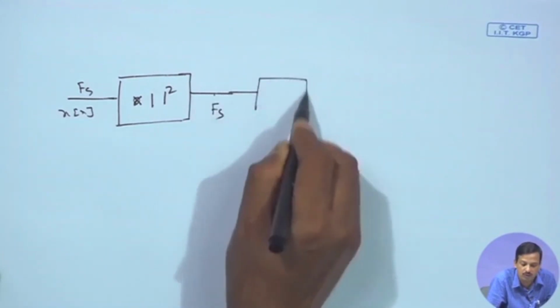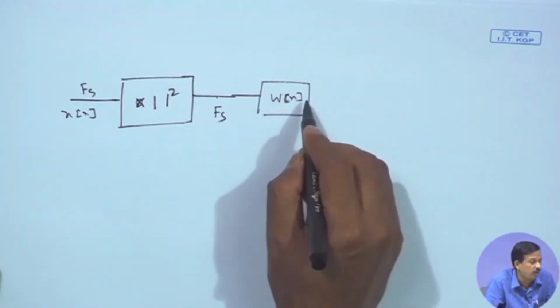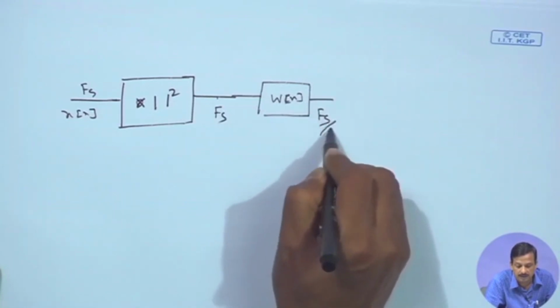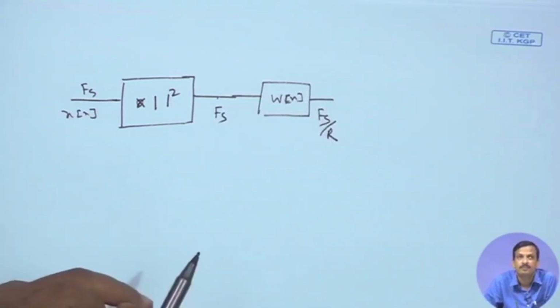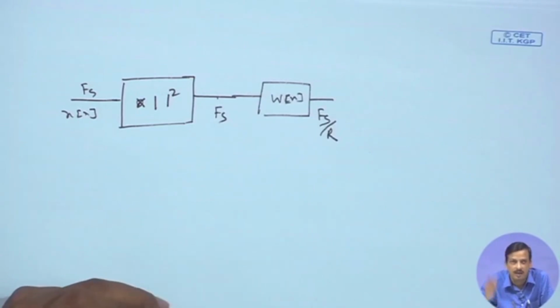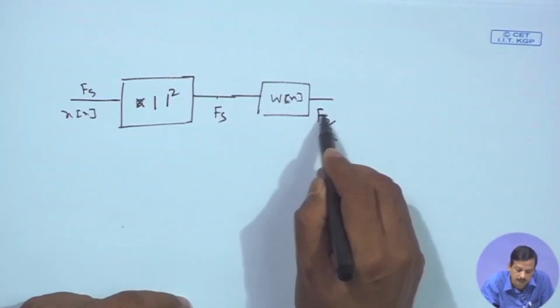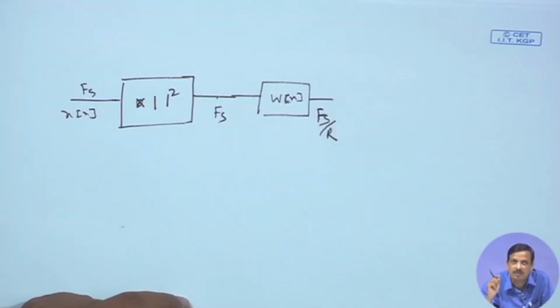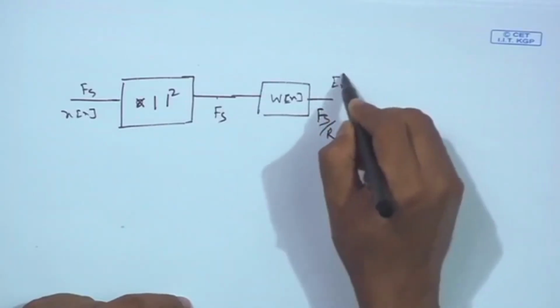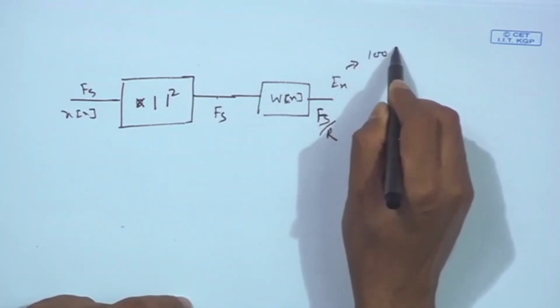Now, once I pass it through the window w[n], after the window my rate is fs by R. R is the shifting, 10 millisecond here. So, for every 10 millisecond I get one sample, one data. So, I get E[n] for every 10 millisecond shifting, so 100 frames per second.